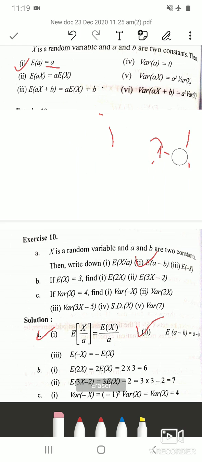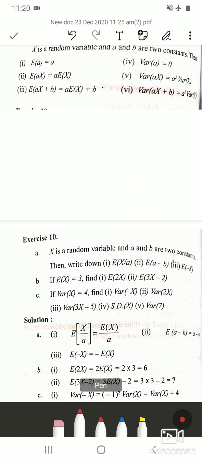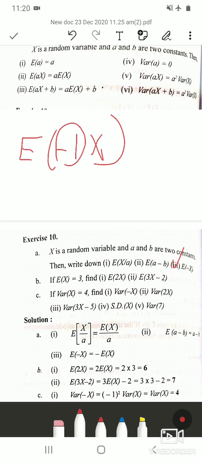So the third sub question is expectation of minus x. Here minus means there is a minus 1, and minus 1 is a constant. So this is of the form expectation of ax, where a is minus 1.